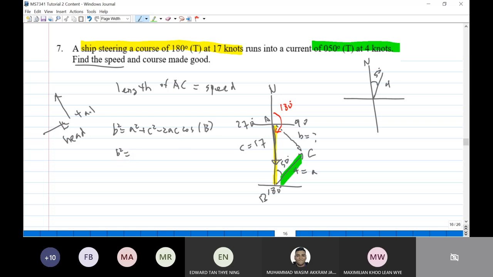So you can put down A is 4 now, 4 square, C is 17 now, 17 square, minus 2 times 4 times 17 times cosine of the angle B, which we know is 50. So then you do the calculation. What is B square now?